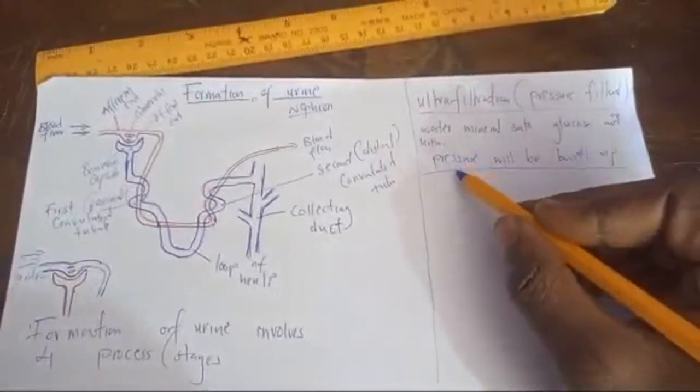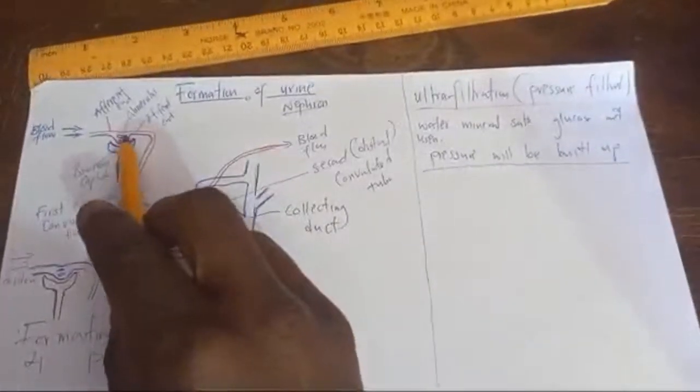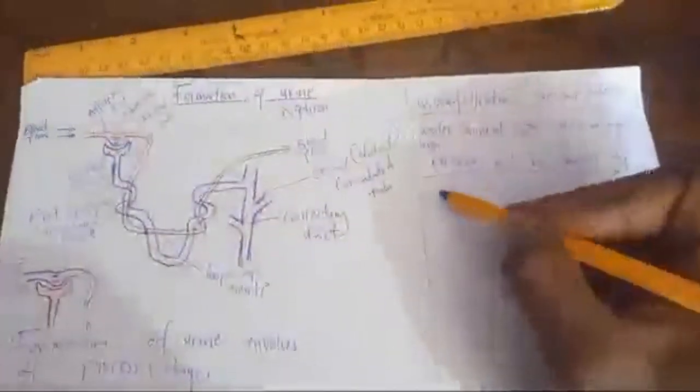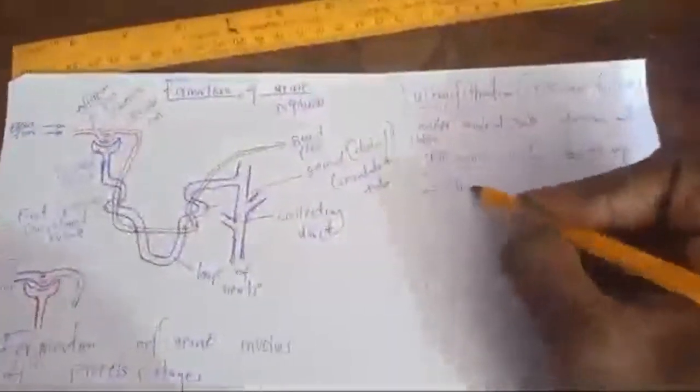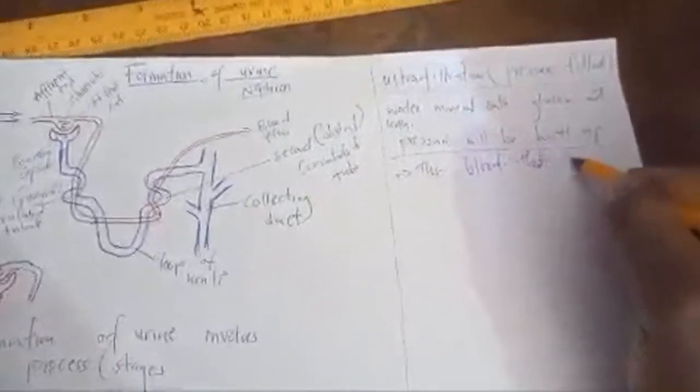So the reason why there will be pressure in the glomerulus is because the blood that comes from the arteries is under high pressure.